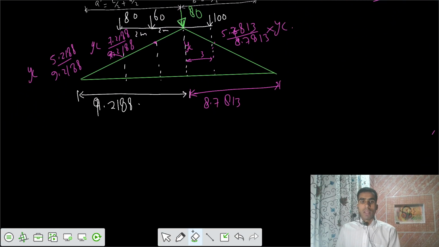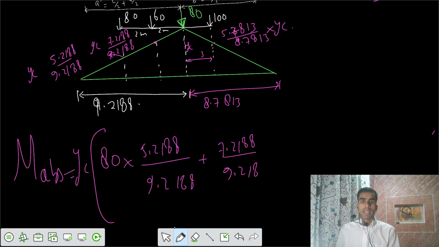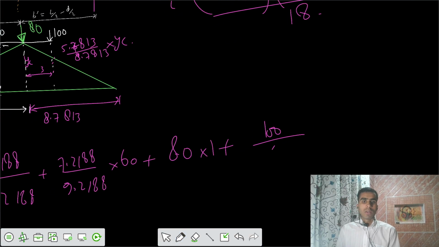So your absolute bending moment would be equal to, keeping the YC outside, 80 into 5.2188 divided by 9.2188, plus 7.2188 divided by 9.2188 into 60 kilonewton, plus 80 into 1, plus 100 into 5.7813 divided by 8.7813, into YC.